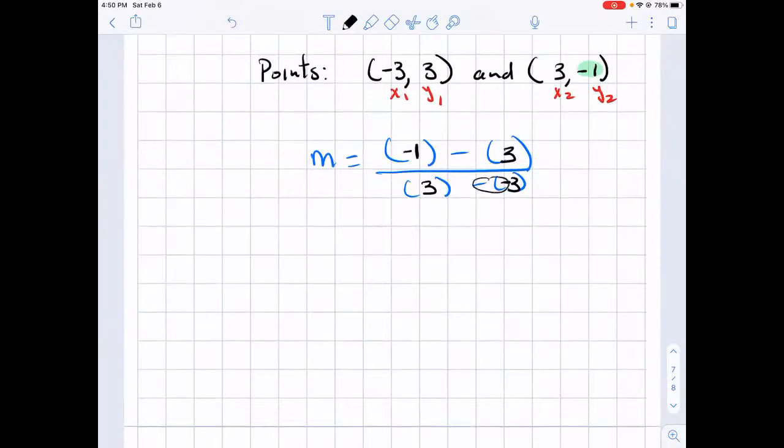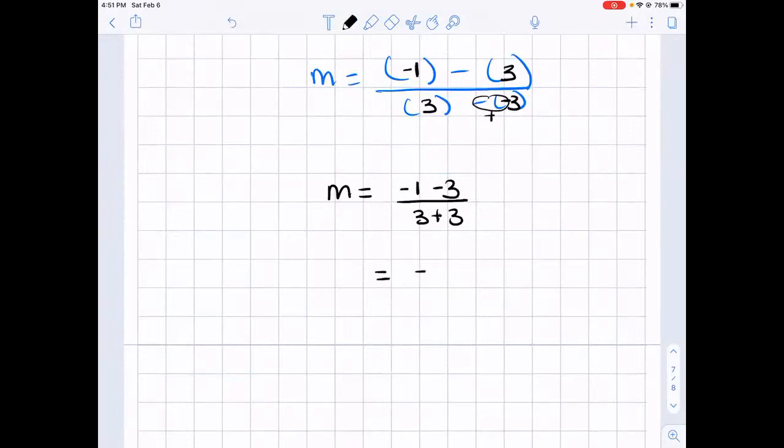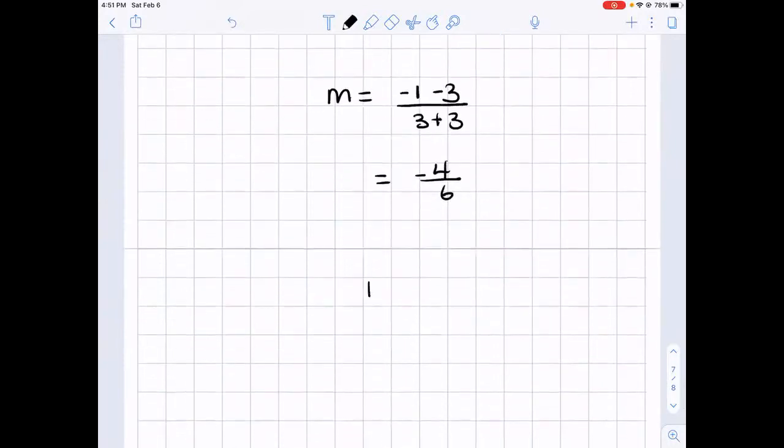So these two negatives become a positive. So we have m is -1 minus 3 over 3 plus 3. And that is equal to -4 over 6. So m is equal to -2/3 because I can divide this by 2 and divide this by 2, simplifying.